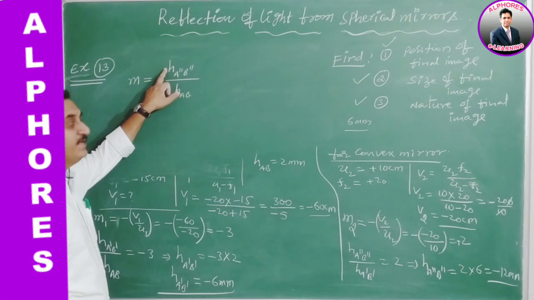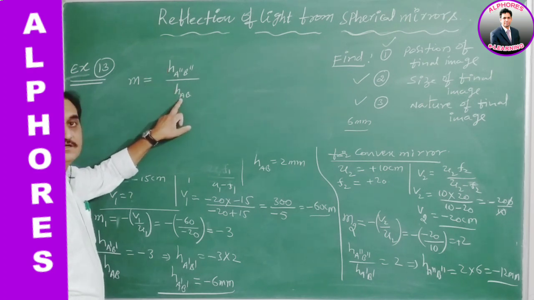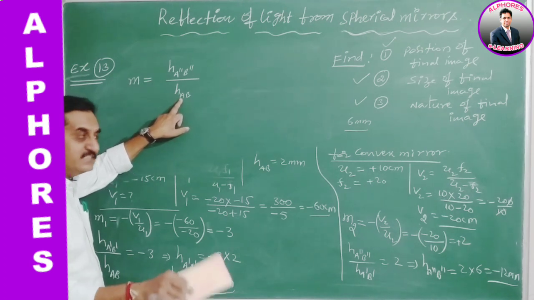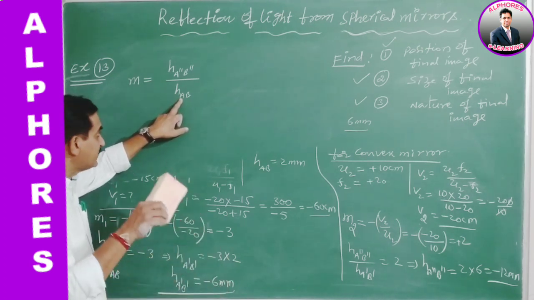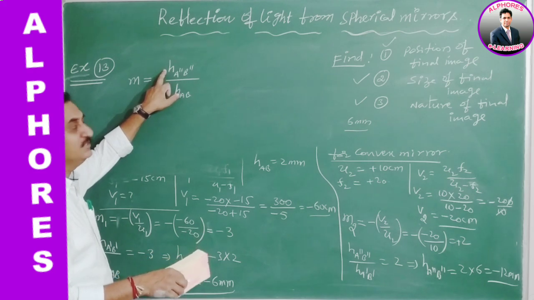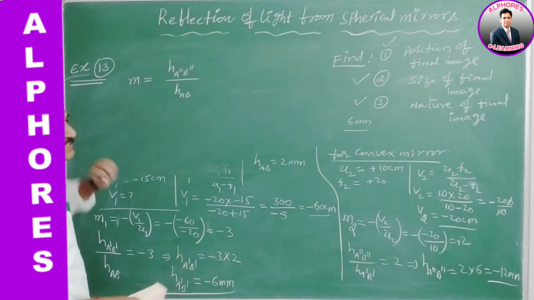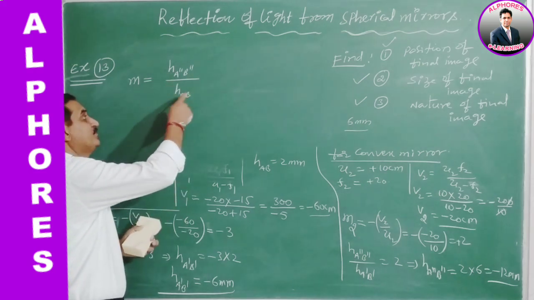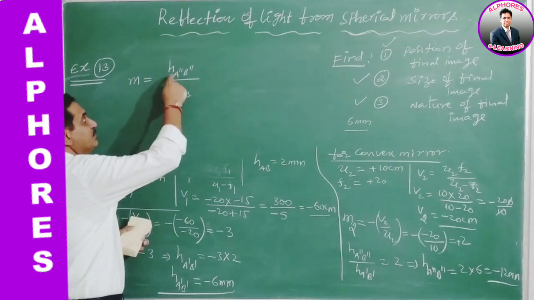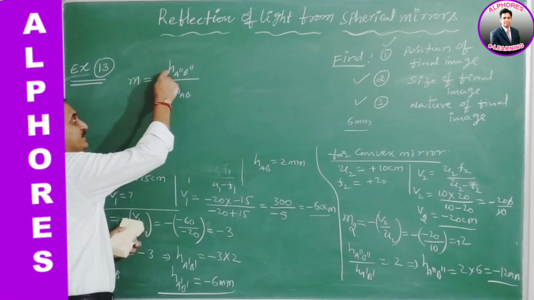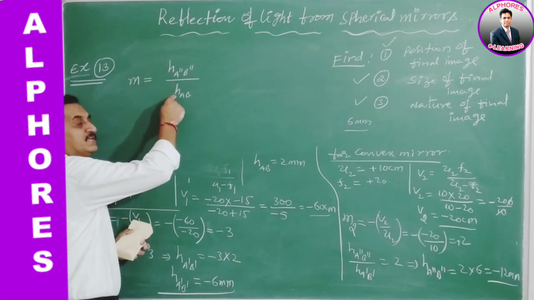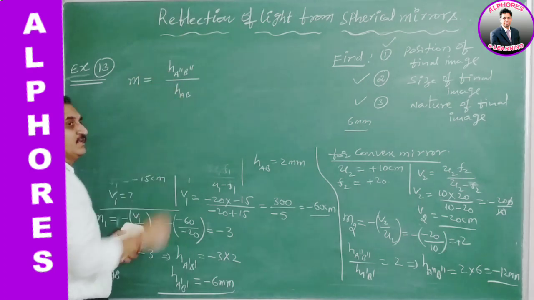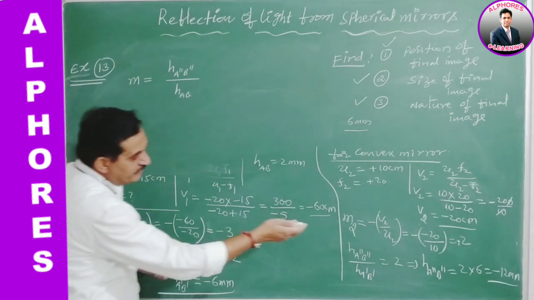The object keeps its size, and the final size of the image is compared with it, which is the total magnification. That means the final image formed after two reflections is compared with the object size, which gives the total magnification.